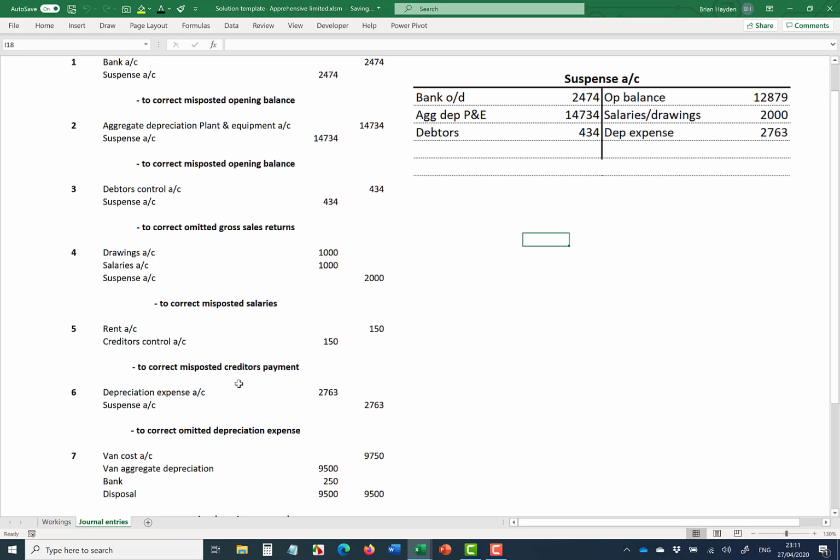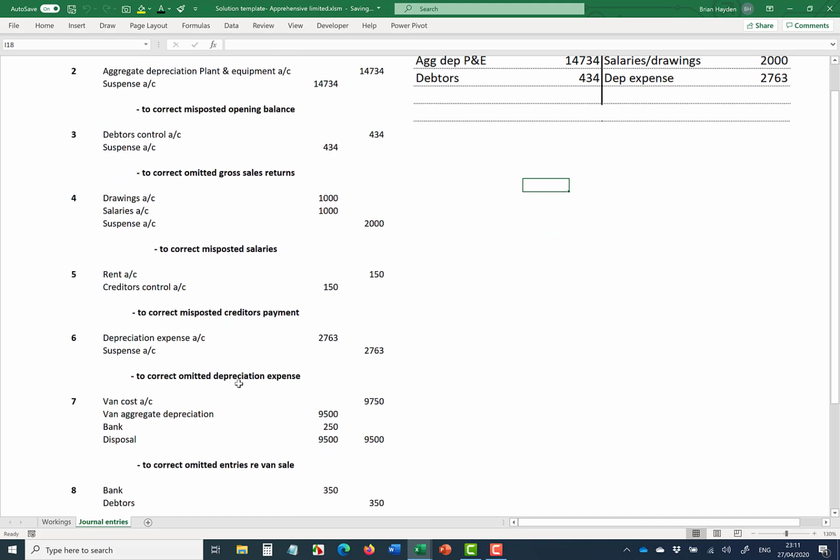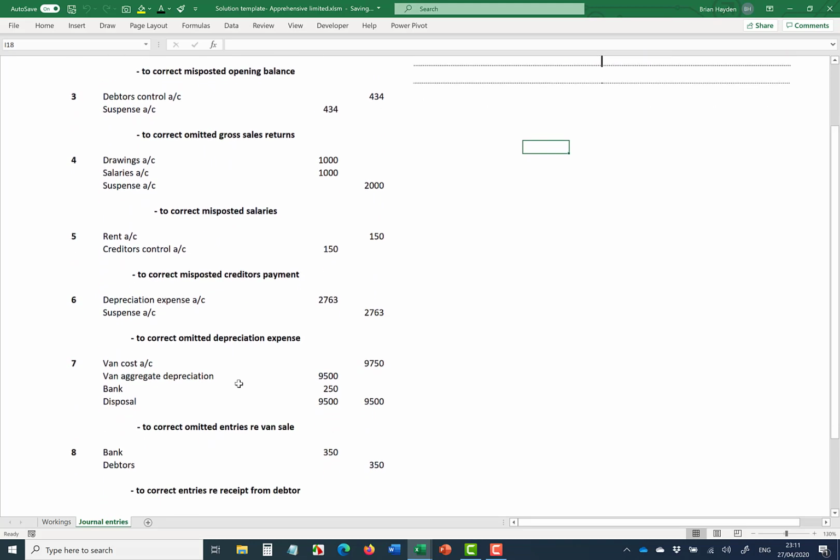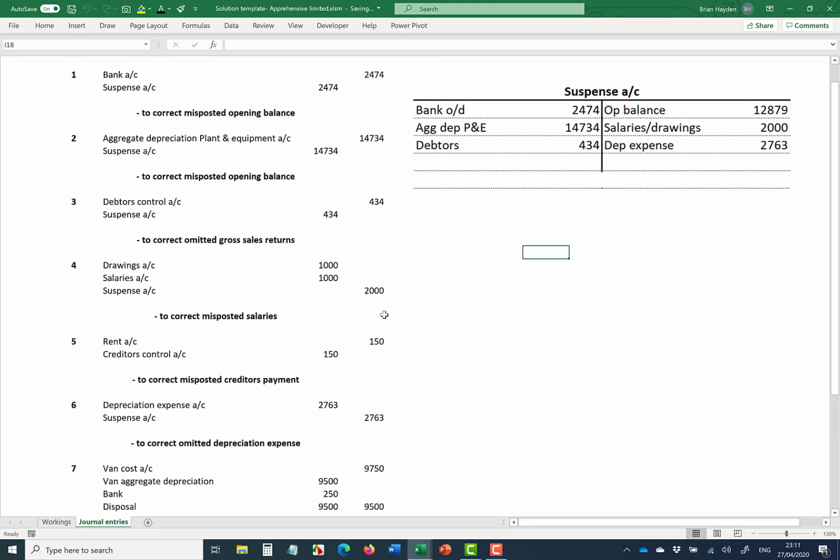Journal 7 there was nothing. And Journal 8 there was nothing. So that is all those entries. And when you add up the two sides, they both add up to 17,642. So that means that your suspense account now self-balances, and that means you've cleared out all the mistakes. That's the end of the solution.